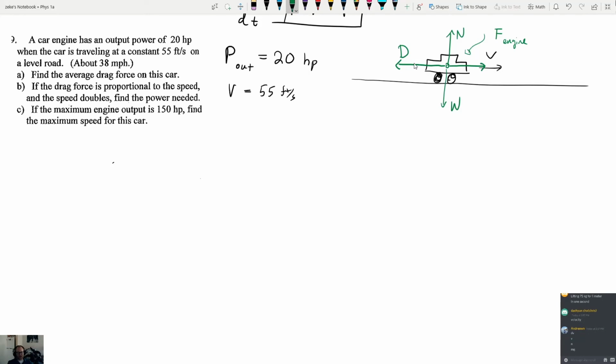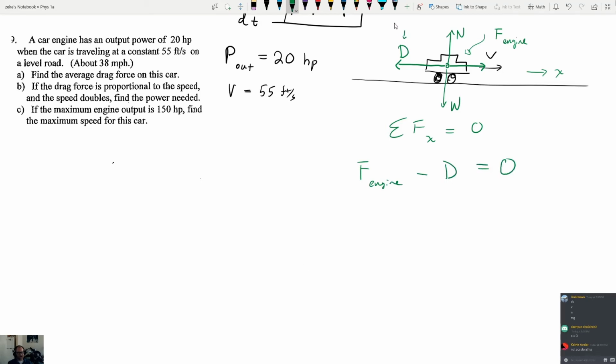If it's moving at a constant speed, what does that mean? Our goal is to figure out how big the drag force, D, acting on the car is. It's not accelerating, right? So if I define this to be the x direction, the net force acting in the x direction would be equal to 0. There's two forces: the force of the engine minus the drag force is equal to 0.